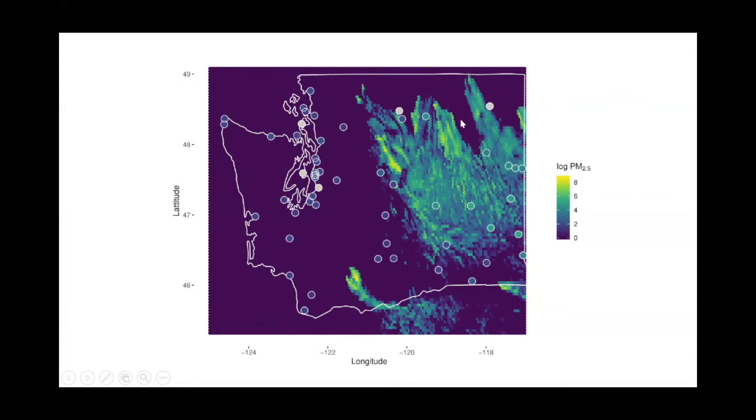And so this is all the PM 2.5 concentration. And then these dots are the monitor stations and the observations in those monitor stations. Now, some of these monitor stations are permanent, some of them are temporary. That's why there are some missing values here and there.